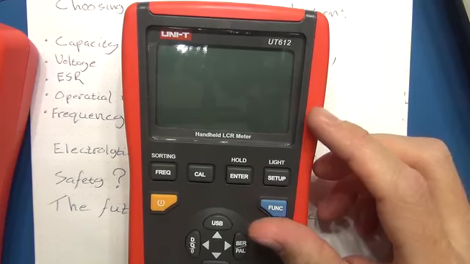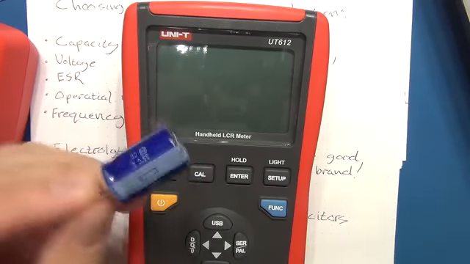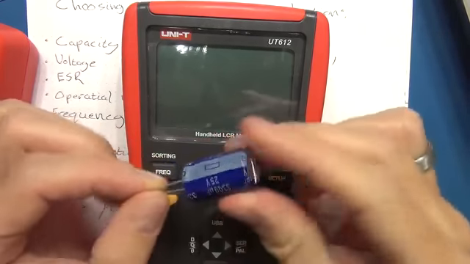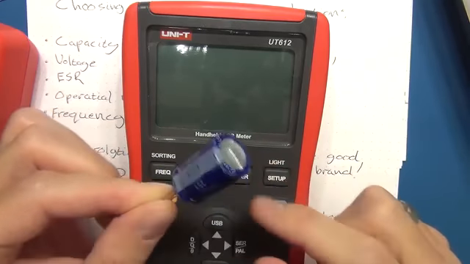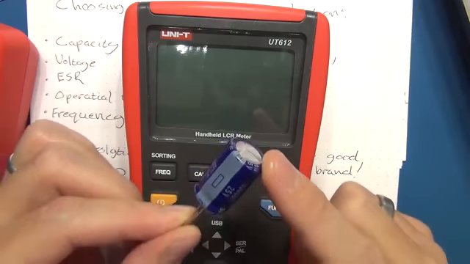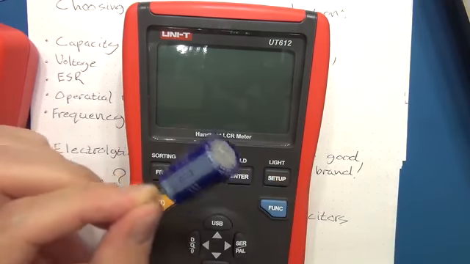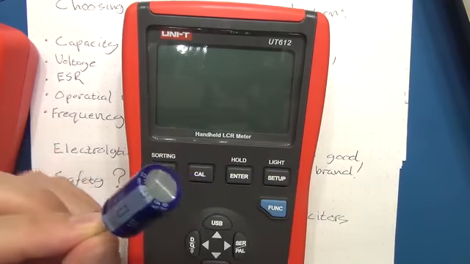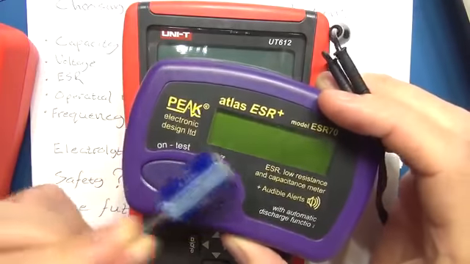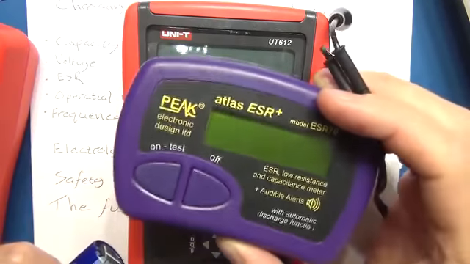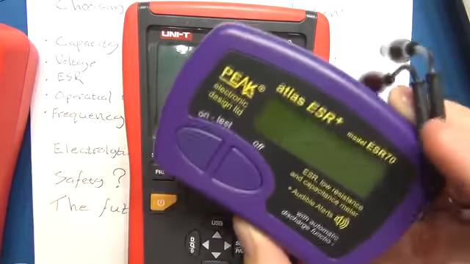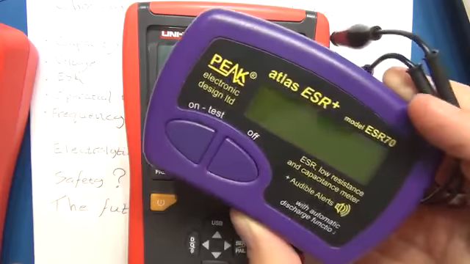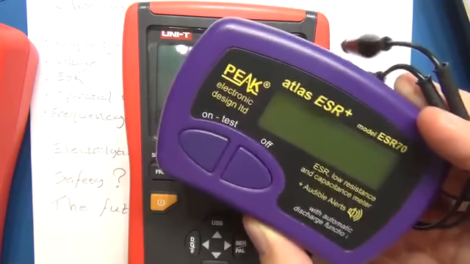If you want to know whether a capacitor is faulty or not, knowing its capacity, even if it's still producing its correct capacity, doesn't mean it's not potentially going faulty or already faulty. What you need for that in particular is a meter like this one, which does measure ESR, equivalent series resistance. This one does as well. This one potentially can do it in circuit to a certain degree with some error margin.